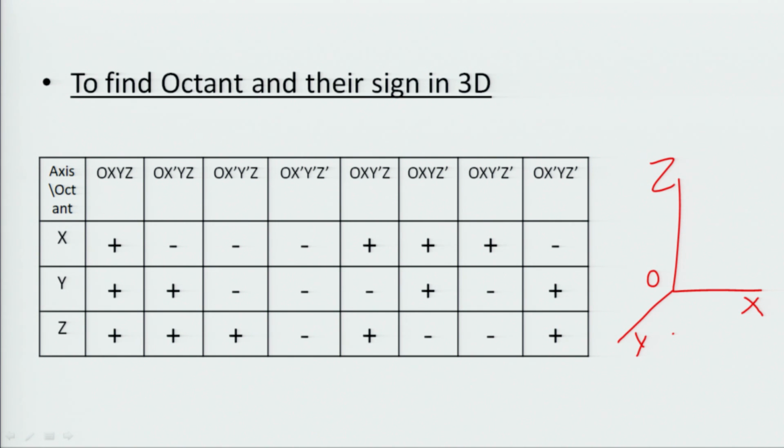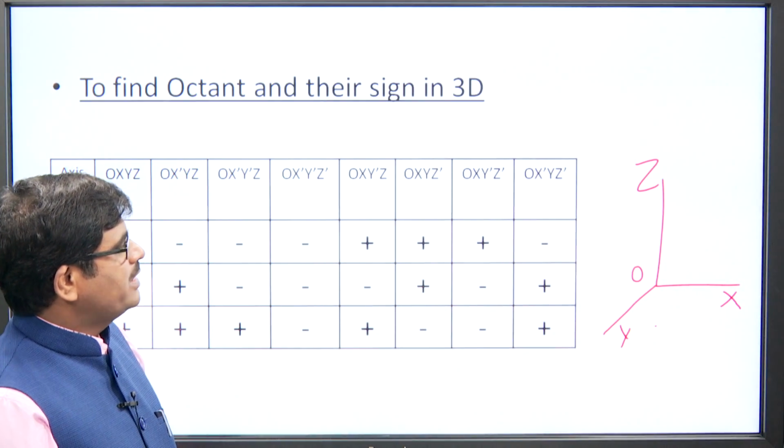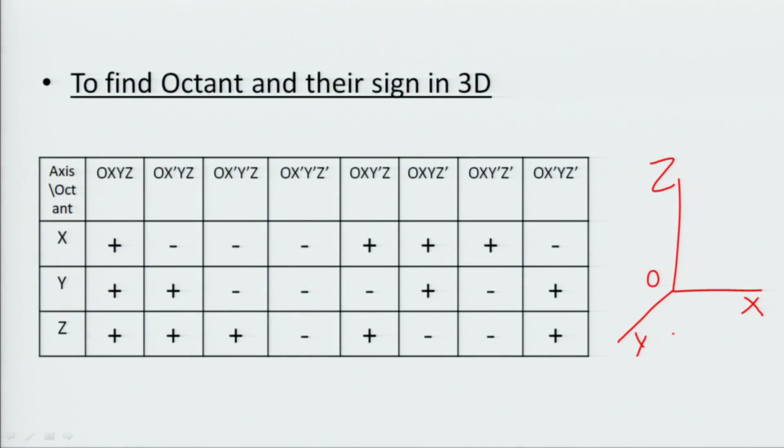Similarly, O x dash y dash z is minus minus plus. Third is O x dash y dash z dash, all negative. O x y dash z is plus minus plus, and O x y z dash is plus plus minus. O x y dash z dash is plus minus minus. O x dash y z dash is minus plus plus.